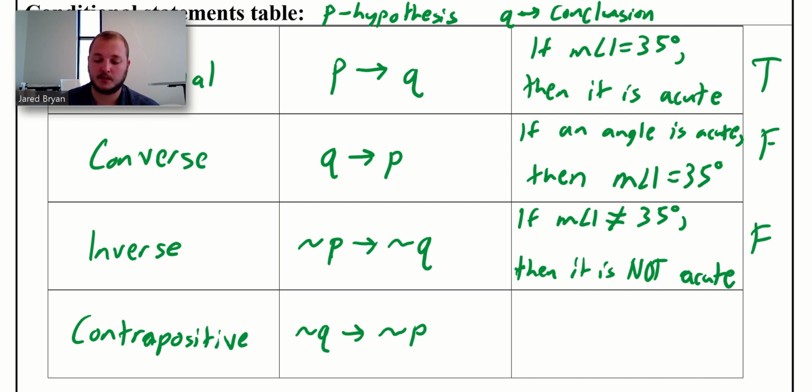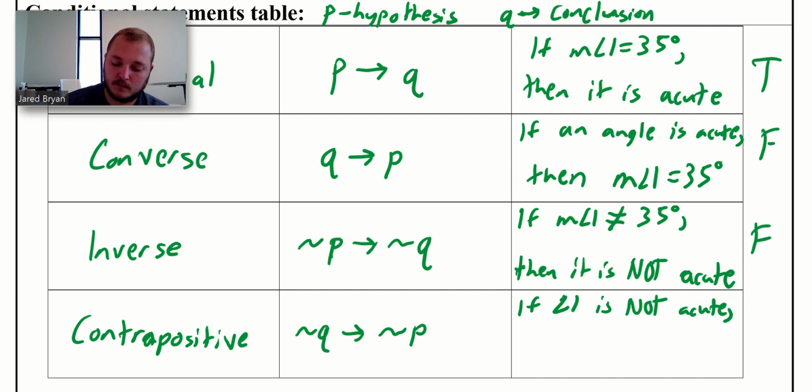Okay, and then last one here, mix them all up. So we're saying if angle 1 is not acute, then its measure does not equal 35 degrees. So again, I'm saying the opposite and switching them.